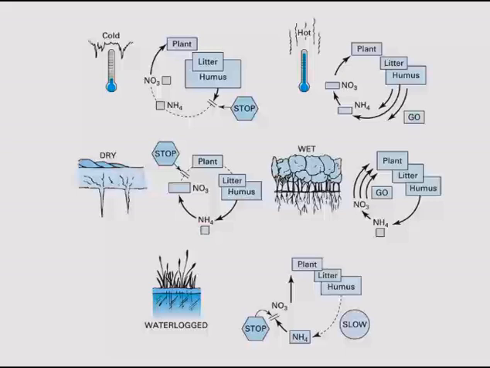Now, depending on soil conditions, there are some processes that will or will not happen. If you look up here on the top left, let's say hypothetically that our soil is really cold, okay? And so maybe we have a plant here that's taking up nitrate, and it's producing litter and a pool of organic nitrogen right here. What happens is, in order to convert this organic nitrogen pool into either ammonium or nitrate, it kind of stops, okay?